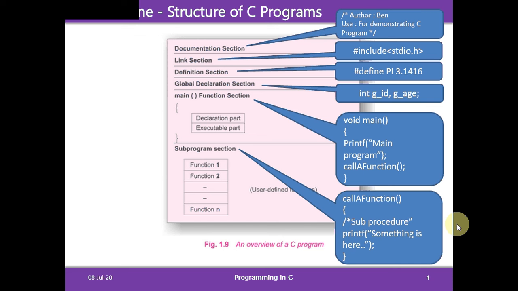If you are required to use PI in any of your programs, you can use capital PI. The capital PI is mainly used for notation as defined in the definition section. If you define it as a constant, the hash define specifies it as a constant, so it can be used wherever you need it.